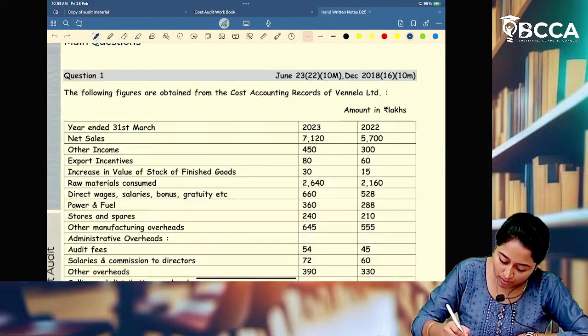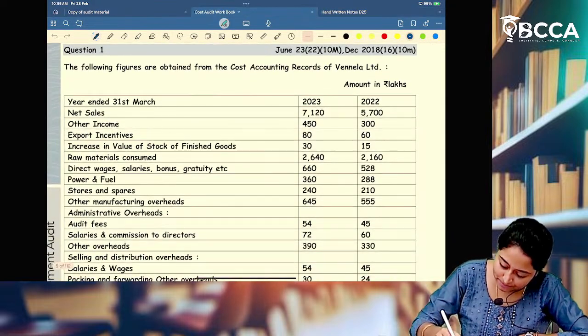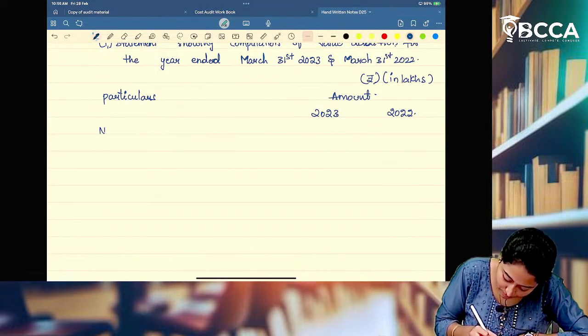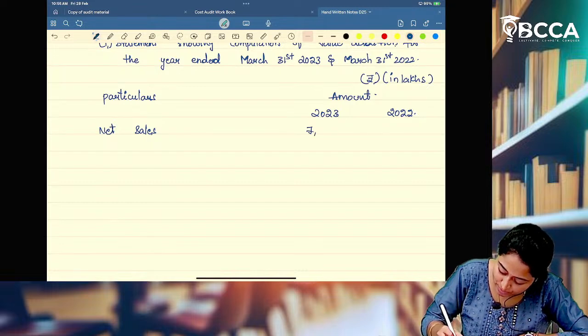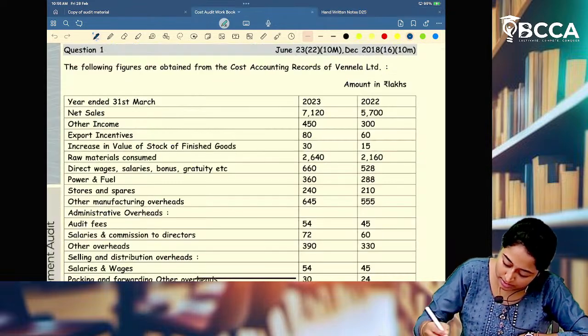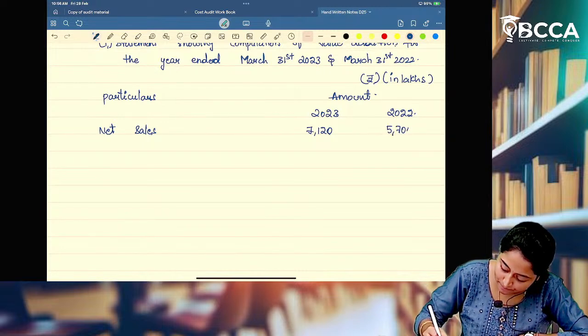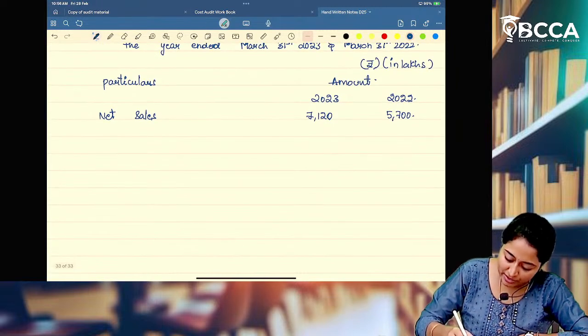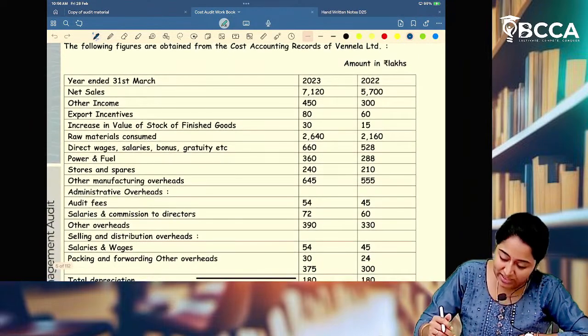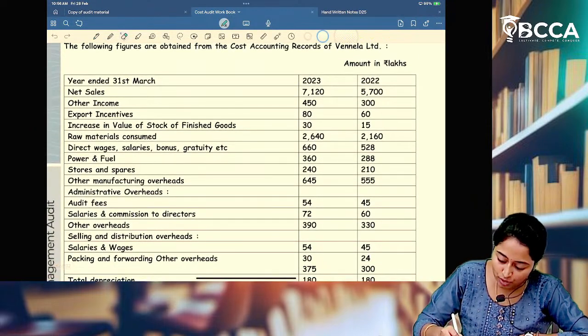Now, what is given first? Net sales. 7,120 and 5,700. And then from here, we don't have any taxes, so we'll take export incentives.